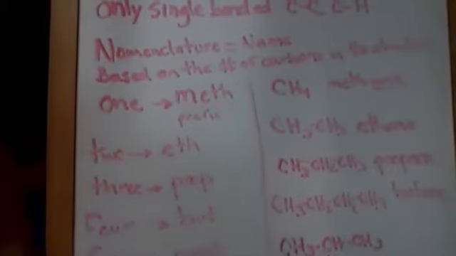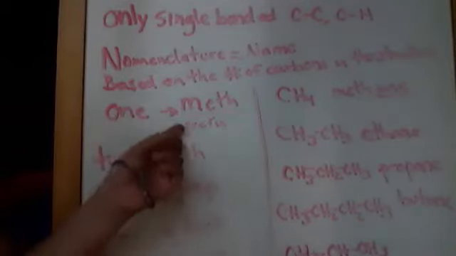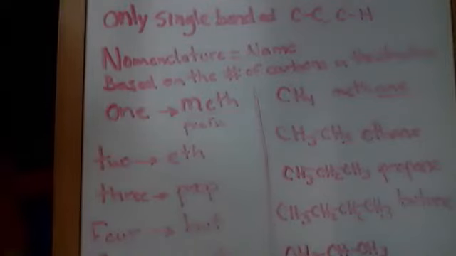The nomenclature for alkanes is going to be based on the number of carbons that you have in the structure. There are different prefixes that we use to refer to the number of carbon atoms in my structure. The prefix meth is to refer to one carbon. Eth is to refer to 2 carbons, and prop is to refer to 3 carbon atoms.